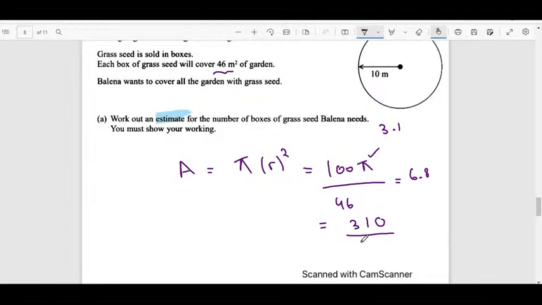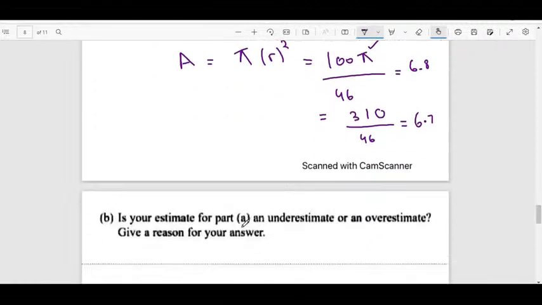And now when I divide it by 46, whatever value I get, I would know that that is an underestimate. Okay, let's do it now. So you would get approximately 6.7 something, because the next part of this question was, is your estimate for part A an underestimate or an overestimate?